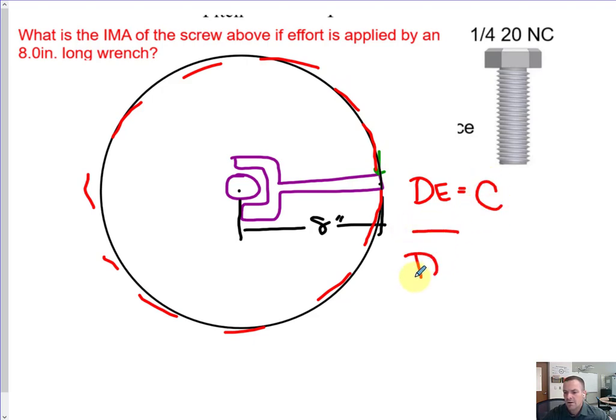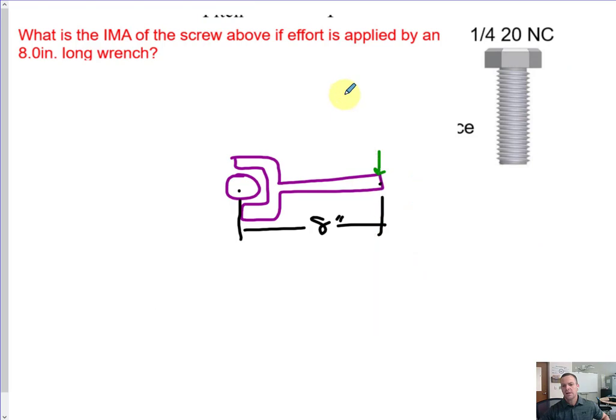And dr is going to be the distance between this thread and this thread, or this thread and this thread. So one rotation of this bolt means it will go down that far. So the distance the resistance is going to travel is going to be divided by pitch. So in this case, if we back up a little bit, we have our 8-inch long wrench, and we're going to turn it in a circular pattern.